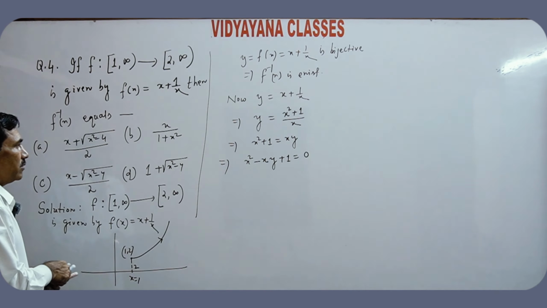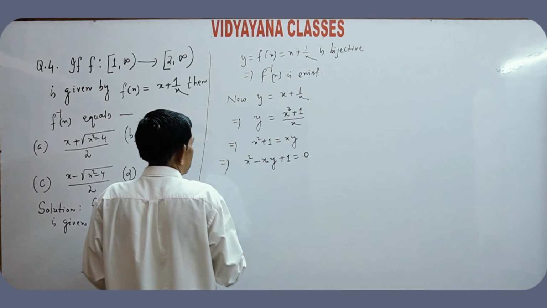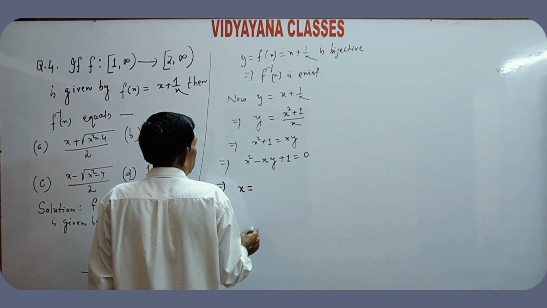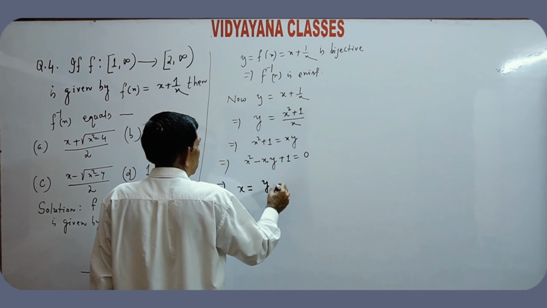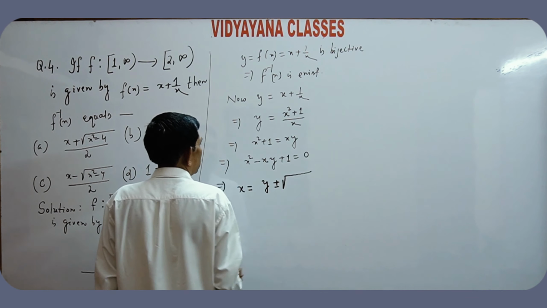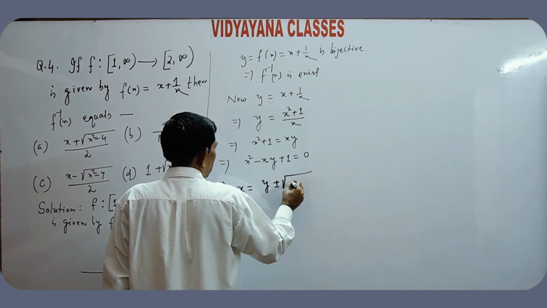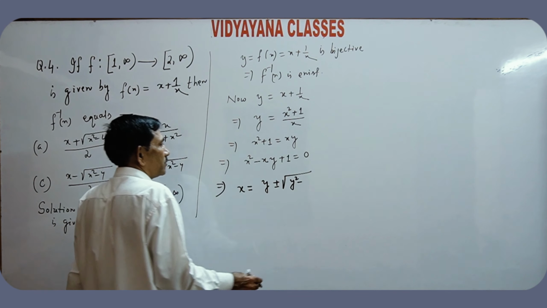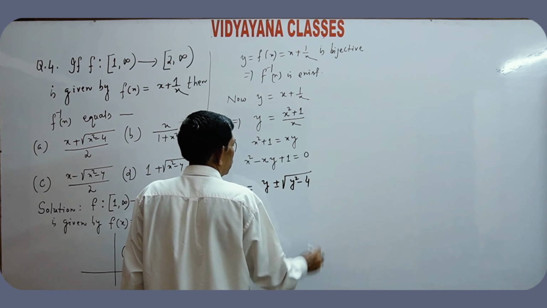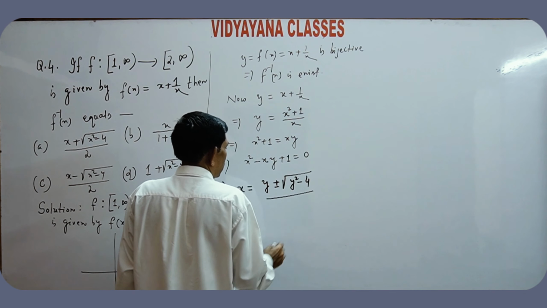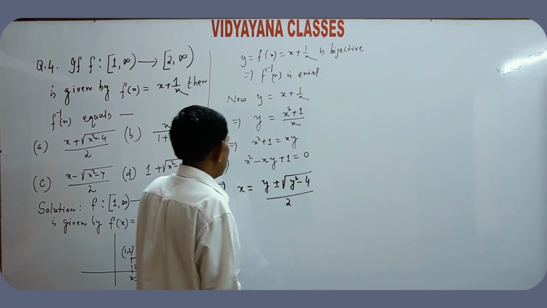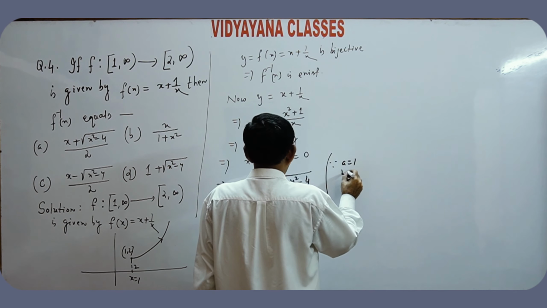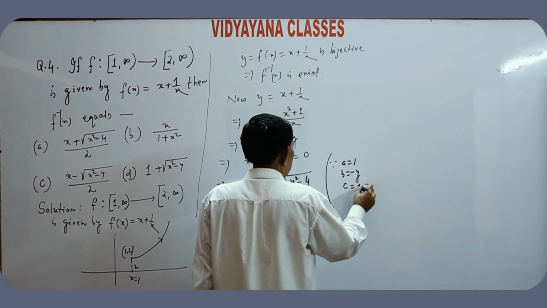It is a quadratic in x, which implies x is equal to minus b plus or minus root of b square minus 4ac, divided by 2a, where a is 1, b is minus y, c is 1.